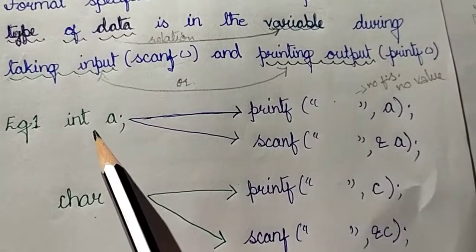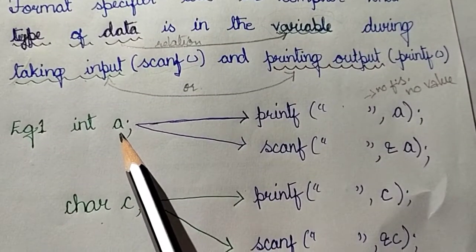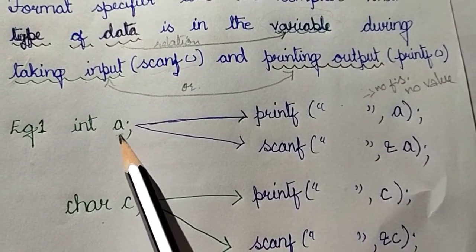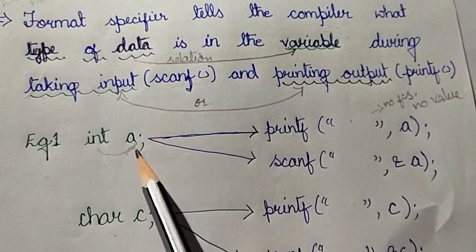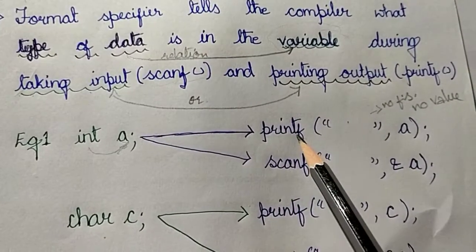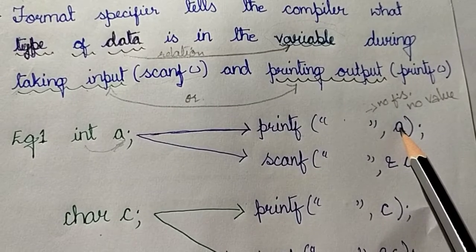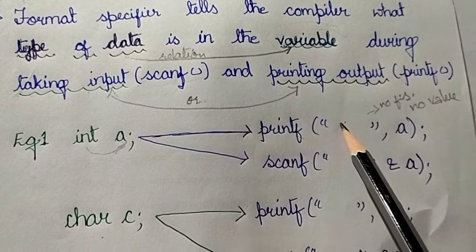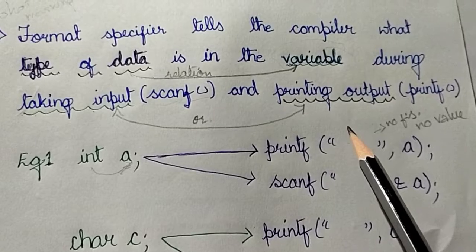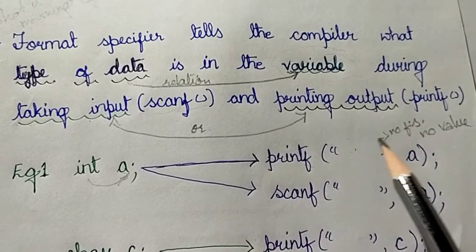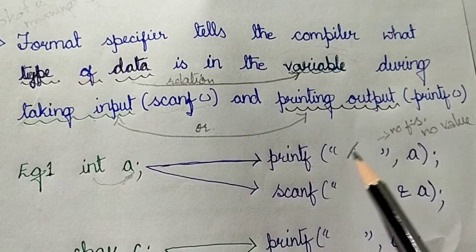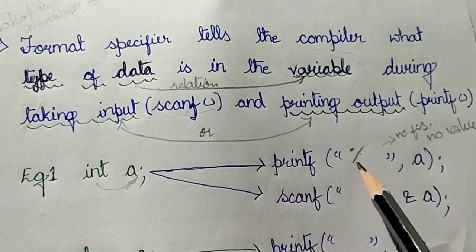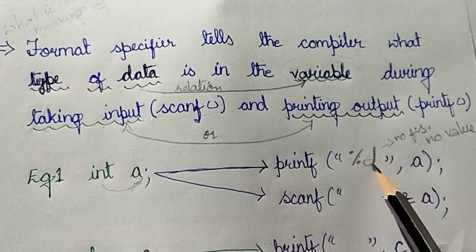For example, over here we have the variable a, and in this variable a I want to input the integer data type. So when you want to print the value from this a, you have to specify to the compiler what type of specifier you will use. Remember, for integer value we use %d.